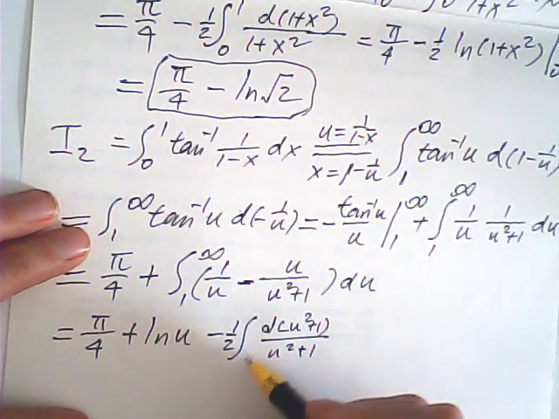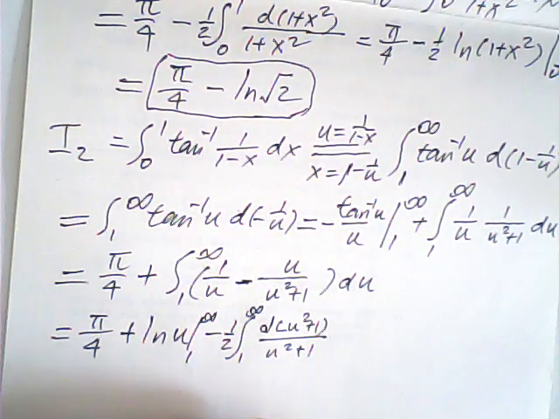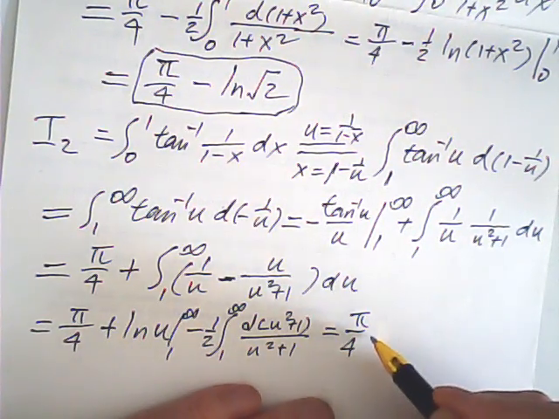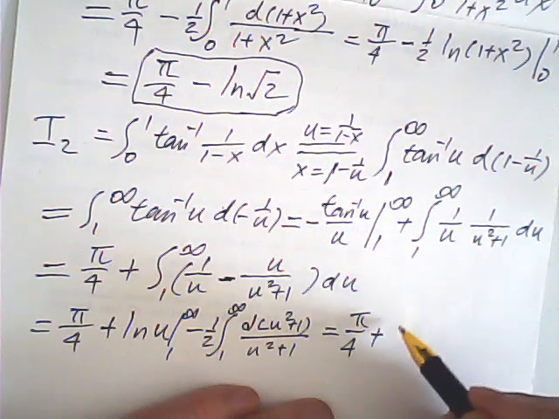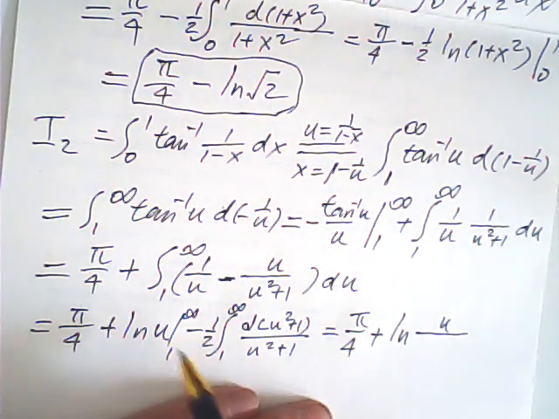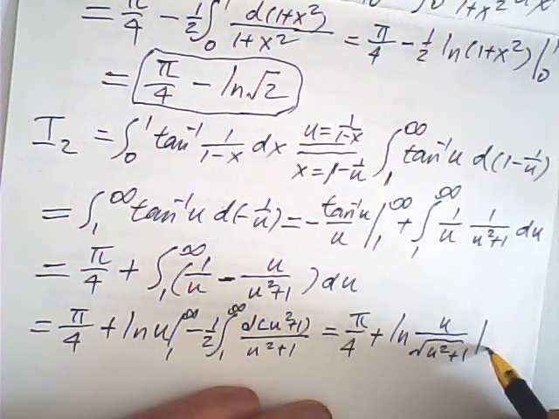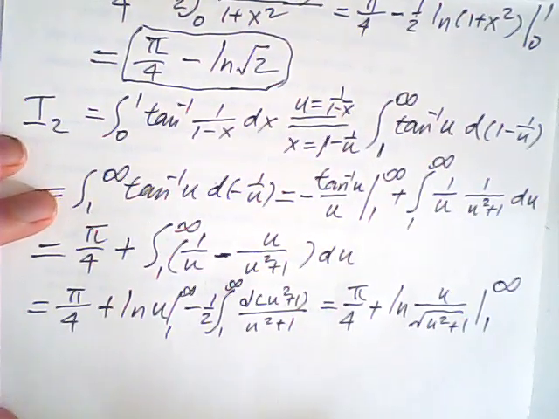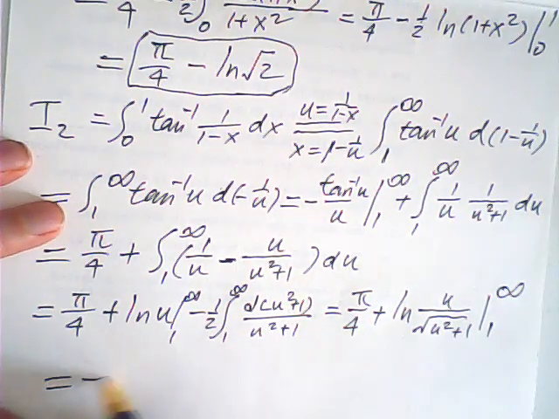From 0 to 1. Then this is 1 quarter pi plus, these two logs can combine. One log, this is positive, this is negative, square root here, from 1 to infinity. Yeah, good. And then this is equal to quarter pi.